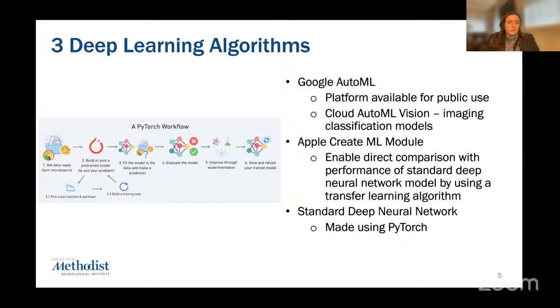Then those 2 were publicly available, and then they created their own doing standard deep neural network with this company called PyTorch. And so that's kind of the figure I have off to the left, which makes creating an algorithm sound very simple. I'm sure it's not quite so simple when you sit down to make it, but you start with your data, and then you can either use a predefined model or build your own to suit the specific question that you're asking.